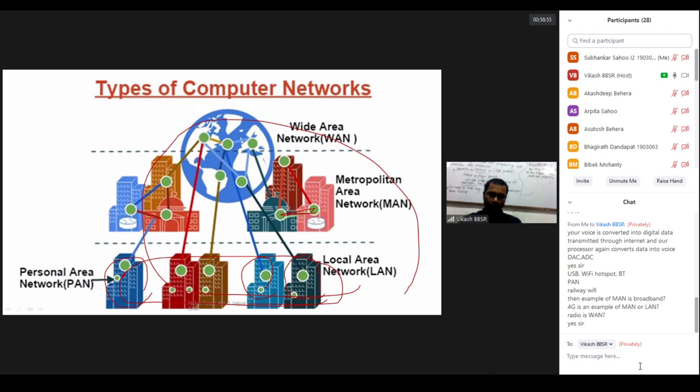But within one single organization, you can tell the local area network. But in one city they are communicating with each other. See here the structure. In the wide area, all the LANs are connected to the MAN, and MANs are connected to each other. They became the WAN. Completed.